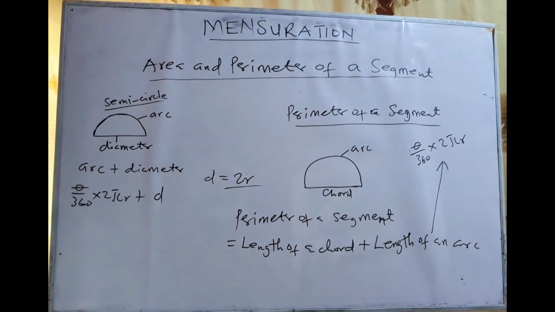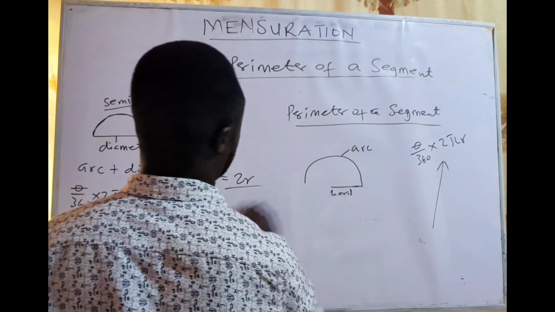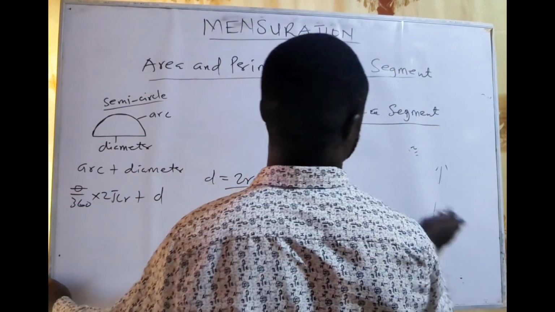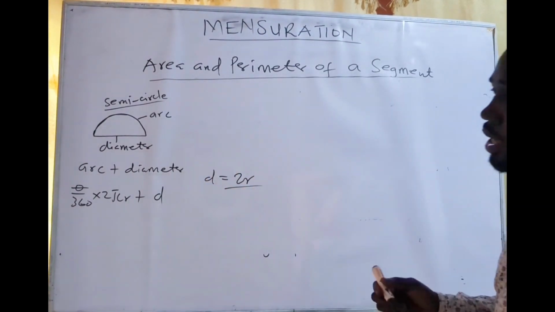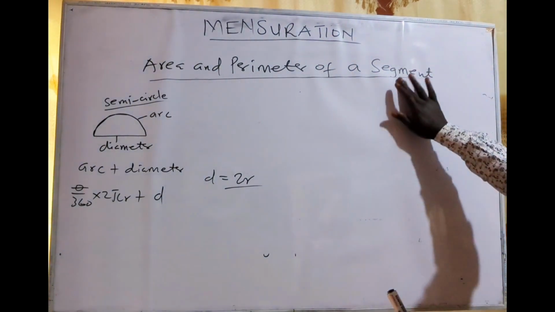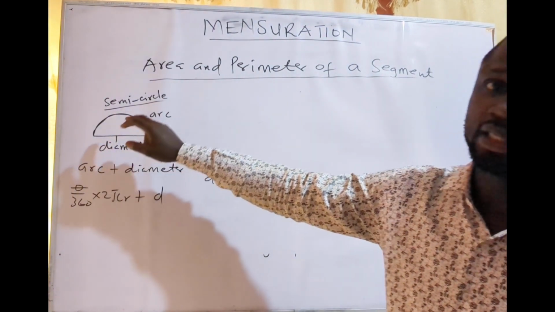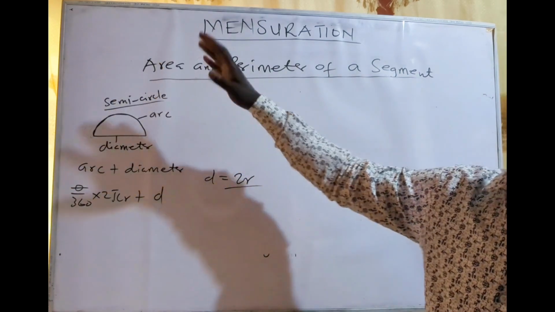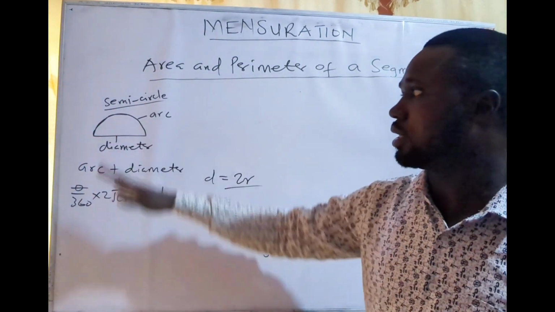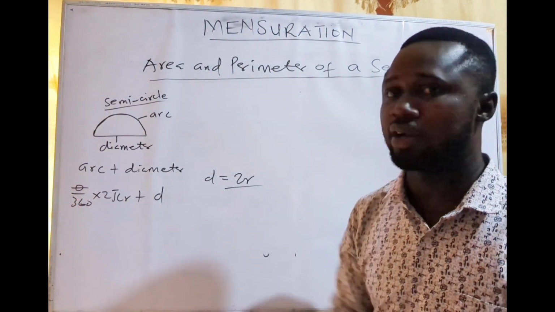The area of a circle is pi r squared, so for a semicircle, half of pi r squared becomes the area. We'll just look at the perimeter, that is the arc plus the diameter, the distance around.